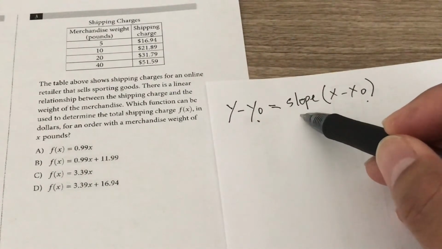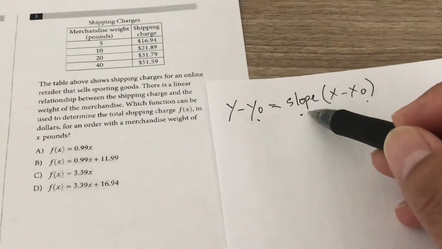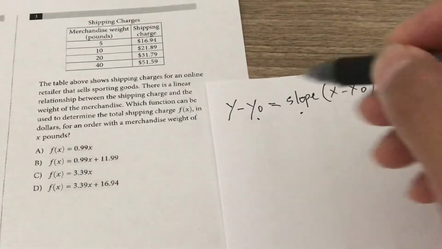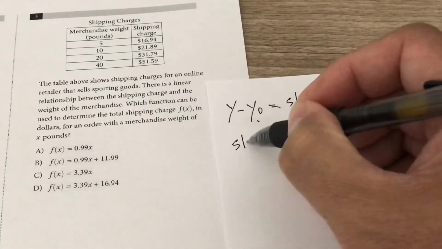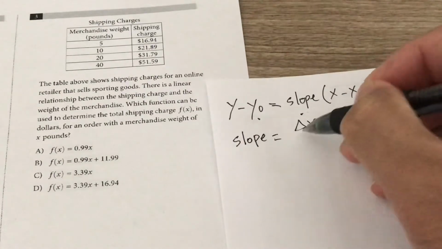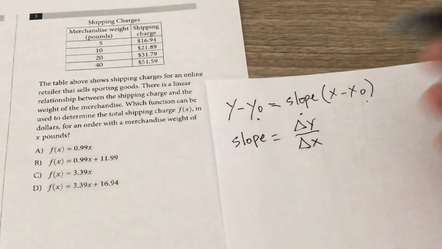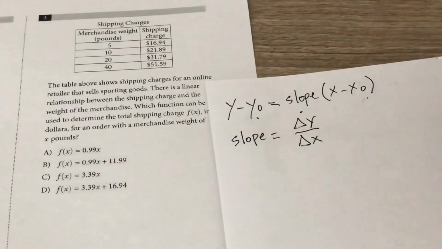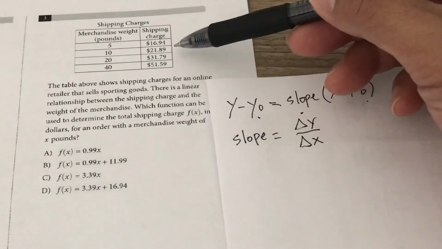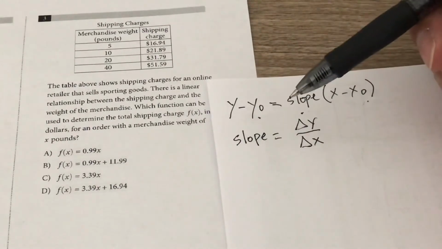So how am I gonna find the slope? I can pick any point, but I need to find the slope. If you remember, the slope is delta y over delta x. You can look at these points and you can pick out any two pairs to find the slope.